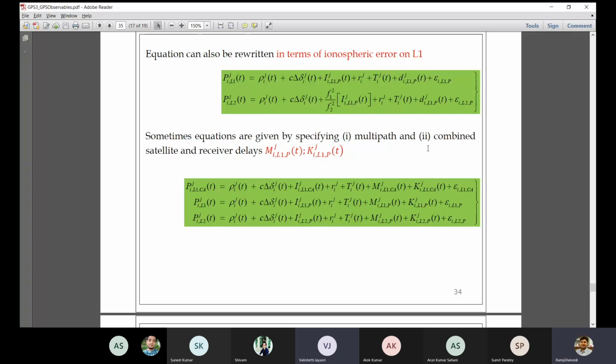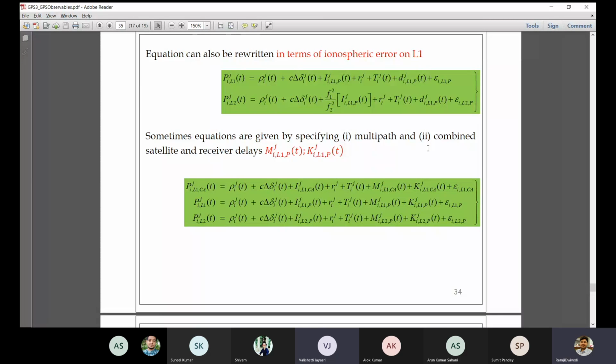Because it is a delta, it is the double term which is written as c delta, and then we also name it for the time being as delta ij. So it is the error due to satellite and receiver clock offset.